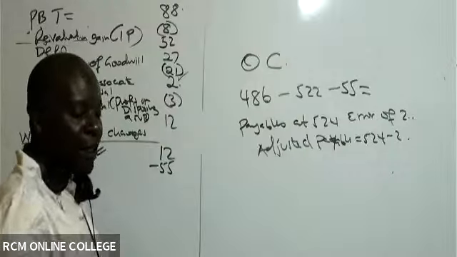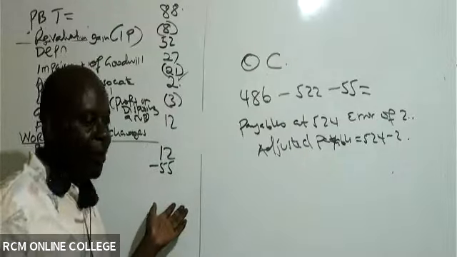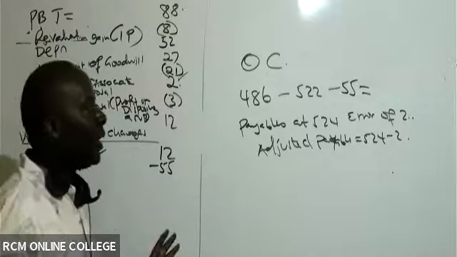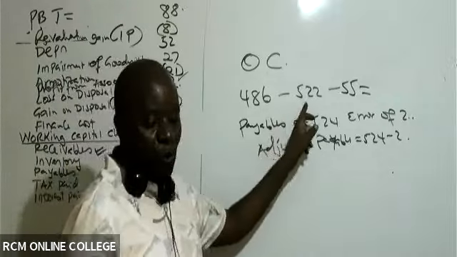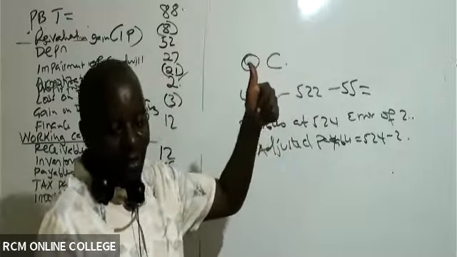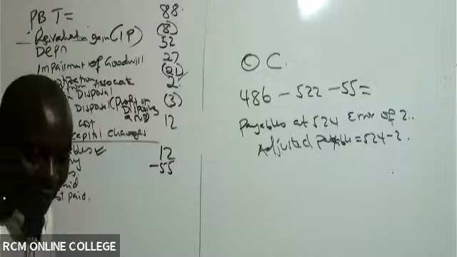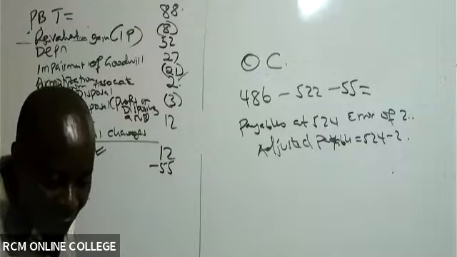That 2 we shall be taking to PPE. So are we in agreement that the closing payables are supposed to be 522? Yeah. Great. Kwa hivyo inamaanisha namna gani? Payables inafaa kuwa ngapi? Payables inafaa kuwa 522.